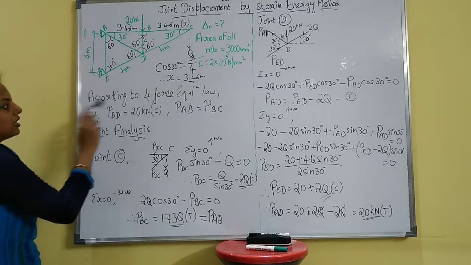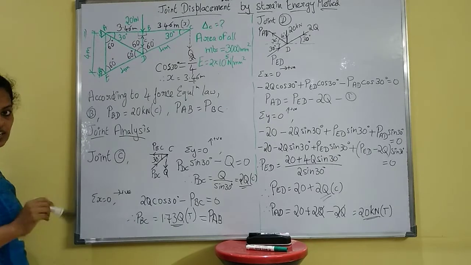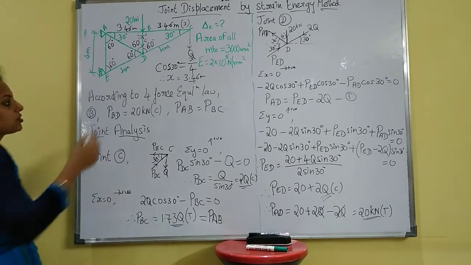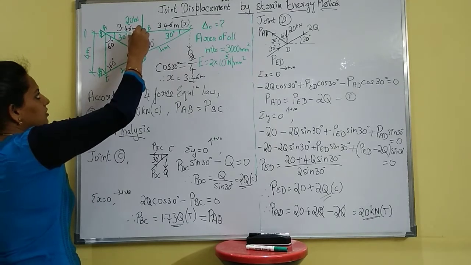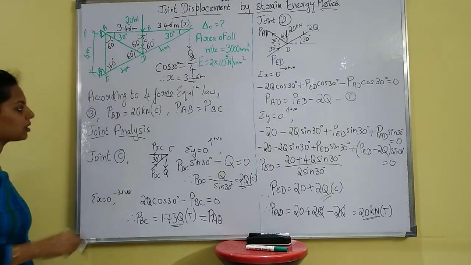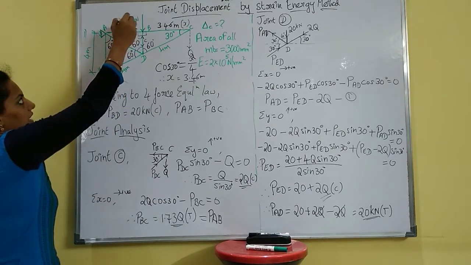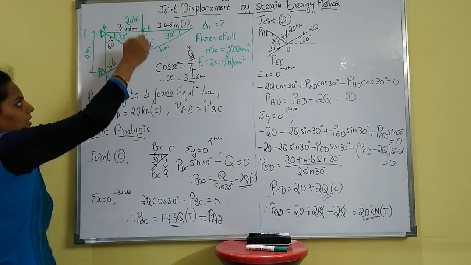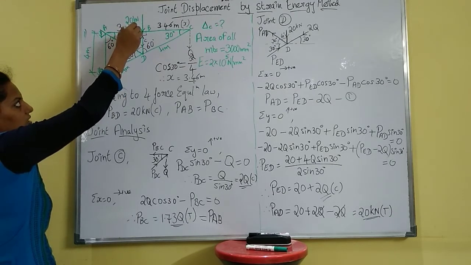For that, first see whichever equilibrium law can be satisfied in this diagram. Simplify the member forces. So first, at joint B, these are perpendicular forces, so it is according to the 4-force equilibrium law. At joint B, this is given, that is 20 kilonewton, so PBD will be the same, and it is compression, towards the joint.